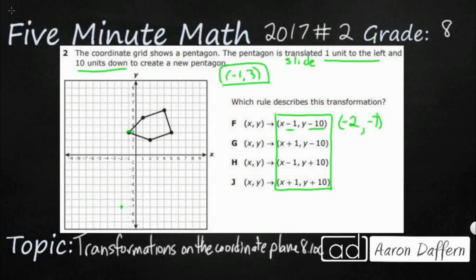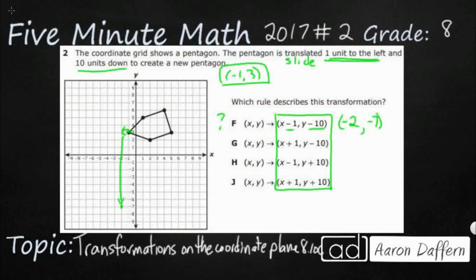It moved over 1 and then down 10, which is left 1, down 10. Looks like that might be what we need.